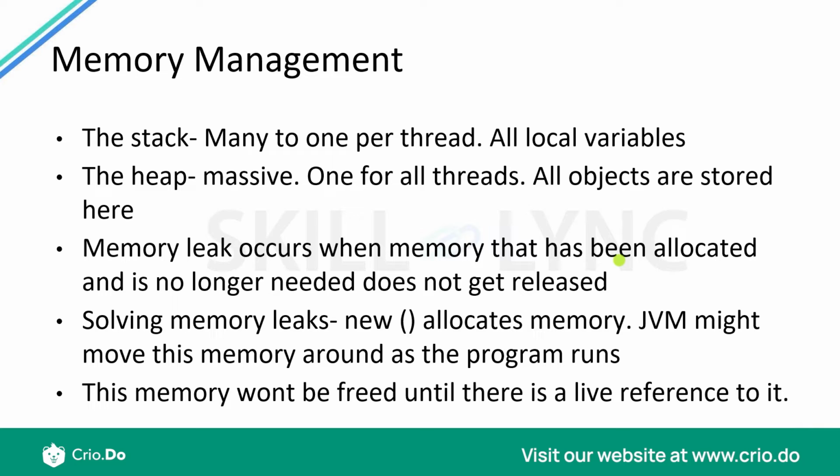Okay, and this memory is not going to be freed until the reference of that particular object is live on the stack. Okay, so we just saw that the reference is present on the stack, right? If it is a live reference on the stack, it is not going to be freed. Until you free that particular reference, that memory is going to be kept in use.